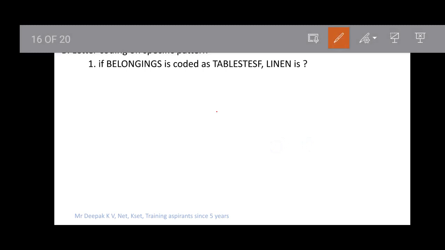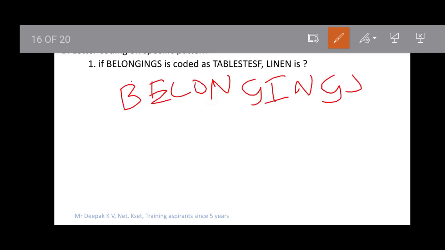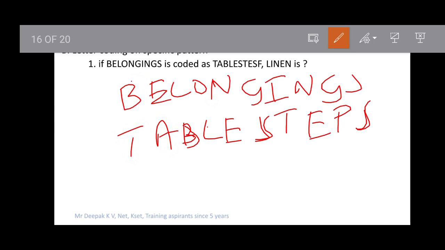For example, BELONGINGS is coded as TABLE STYLE. What is LINEN? This can be one example. How to solve this? You are just going to see whether LINEN is in the word BELONGINGS. I will write the word, and the code of that just below, every letter. What we need is LINEN, correct?